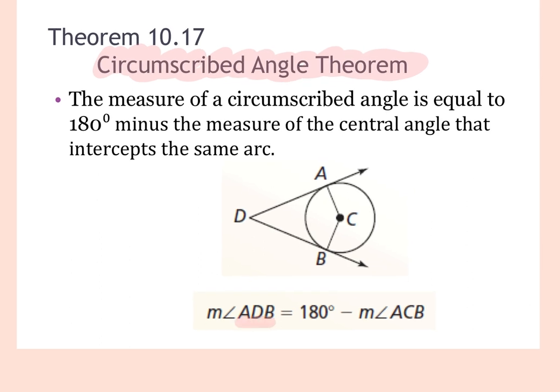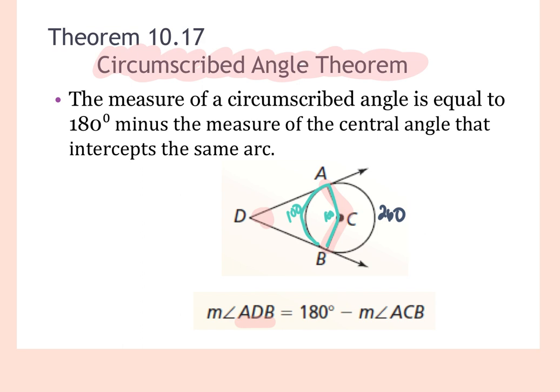So the angle on the outside, that bottom of the cone angle or the circumscribed angle, is equal to 180 minus this angle, okay? And it comes from what we just talked about. If I knew this angle, I would know this arc, right? It would be the same. So let's say that this is 100. That arc would be 100. The other arc would be 260, and then it would be 260 minus 100 divided by 2.